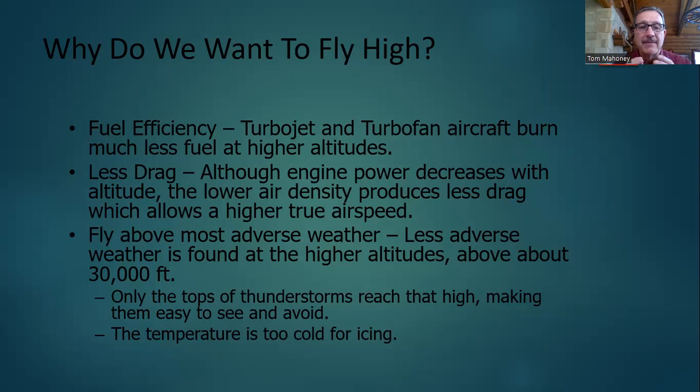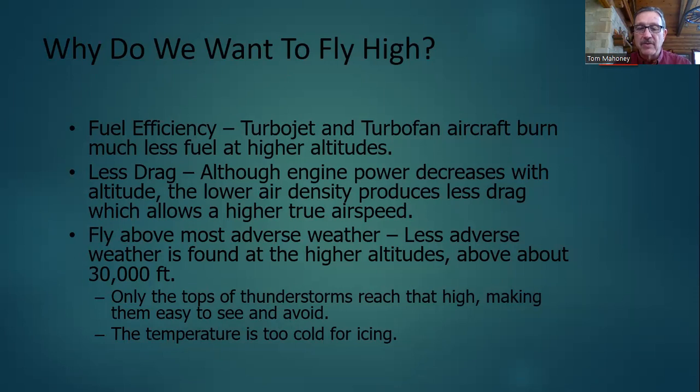In addition to that, we have less drag because the air is less dense. So therefore, the aircraft can travel forward at a much higher true airspeed compared to indicated airspeed. Additionally, we fly above most adverse weather when we're very high. Less adverse weather is found at the higher altitudes above 30,000 feet.